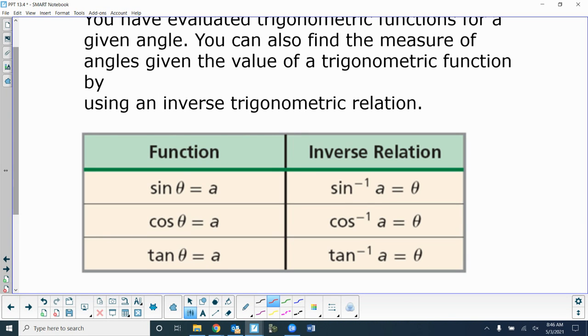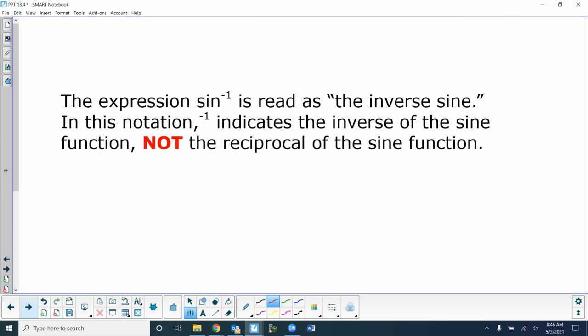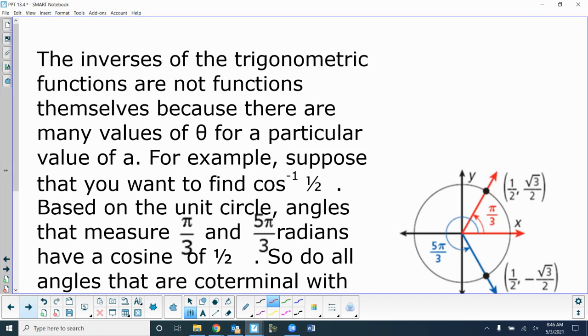The angle whose sine is radical 3 over 2. The angle whose cosine is radical 2 over 2. The angle whose tangent is negative 1. So you're looking for a degree measure when you're doing the inverse relation, right? It's not the reciprocal. It is not the reciprocal.